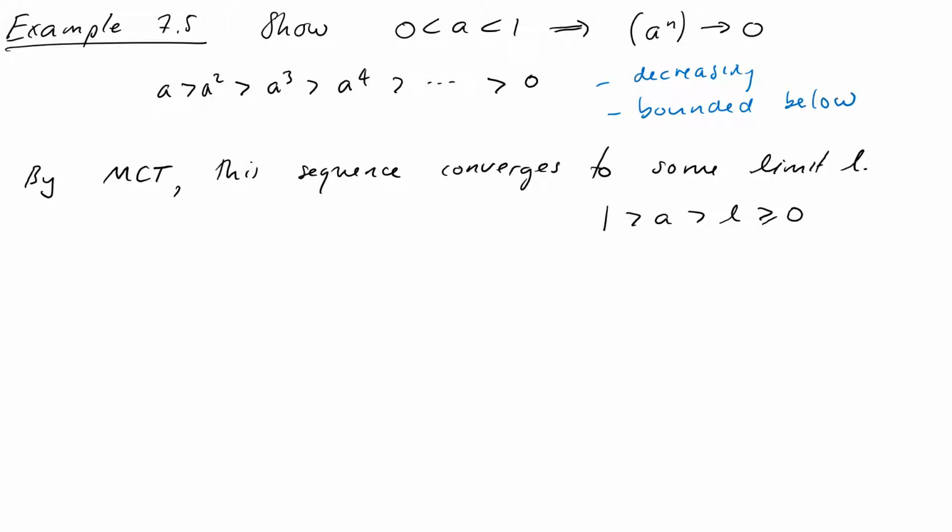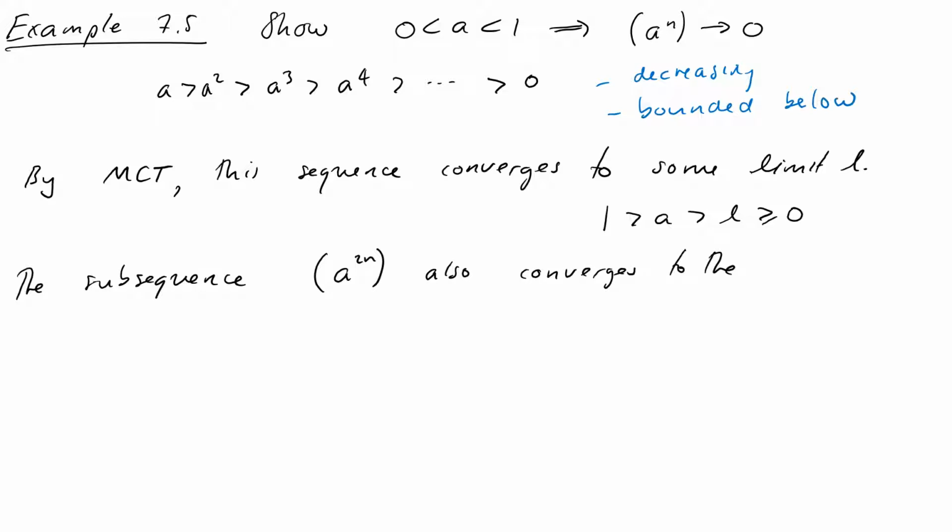Okay, so what if we look now at a subsequence? This is kind of tying everything together. If I take the subsequence where I take every second term, so that will look like a to the power of 2n, this must also converge to the same limit as we just established.